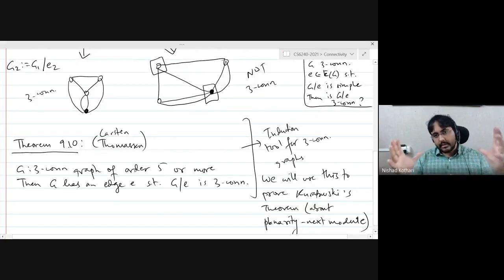So what this result is telling you is that if you've got any three connected graph, you can find some edge, you can contract that edge and get a smaller three connected graph, right? I would now like to switch gears to thinking about the reverse of this. So how can you go from the small graph to the big graph?